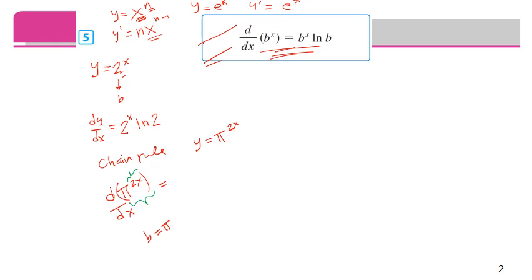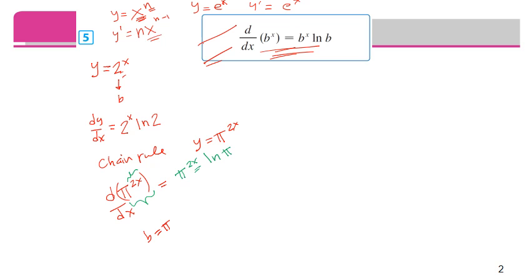So how do we deal with this? So first of all, we copy our b, pi to the 2x, and then ln of pi.